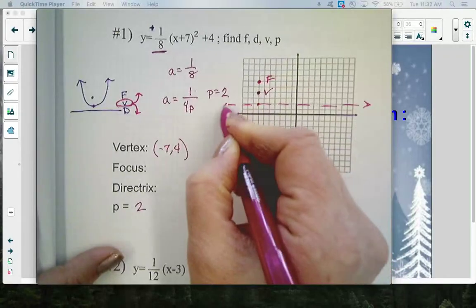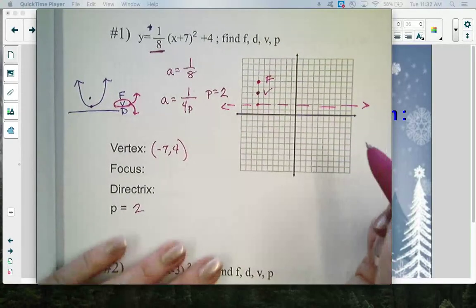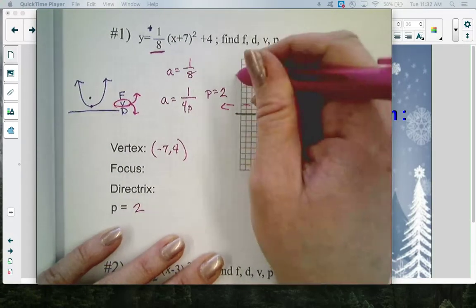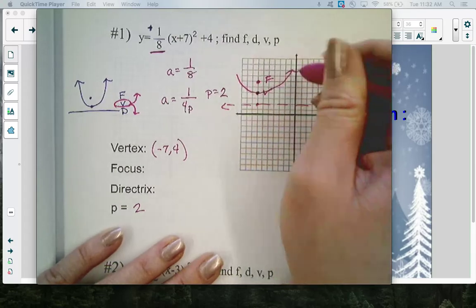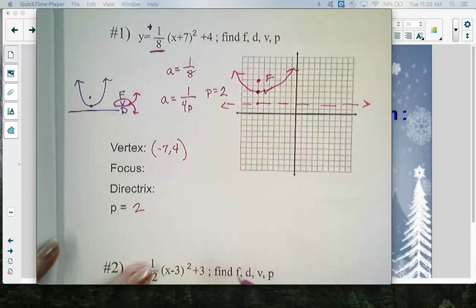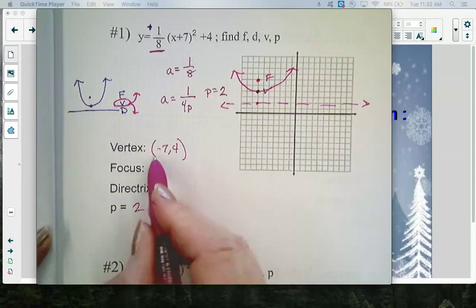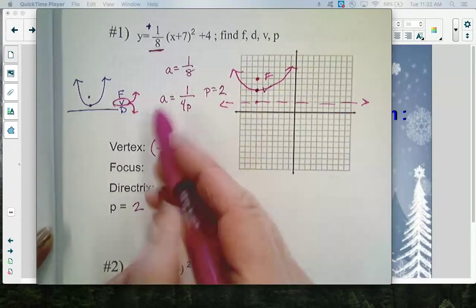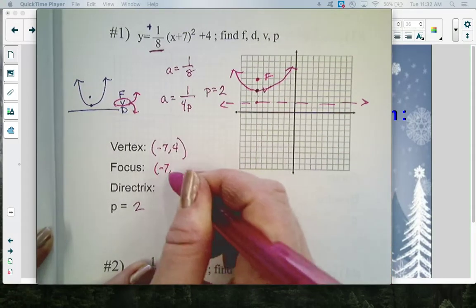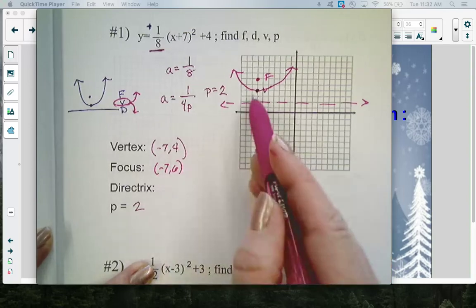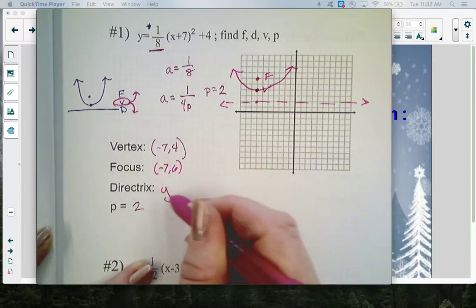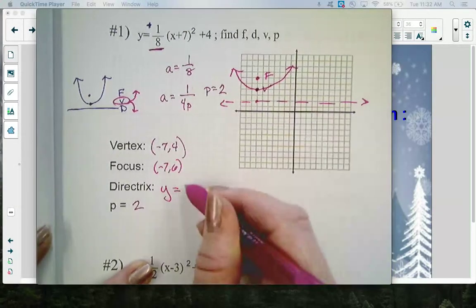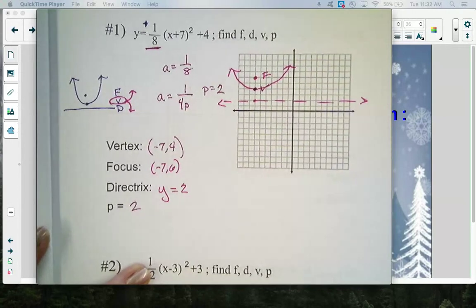So it's really about finding your vertex, finding your focal length, and then I can find my focal point and my directrix. My vertex was -7, 4. I went up 2, so my focus is -7, 6. I went down 2, so my directrix is y equals 2.